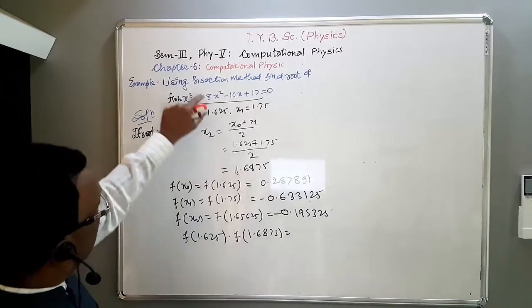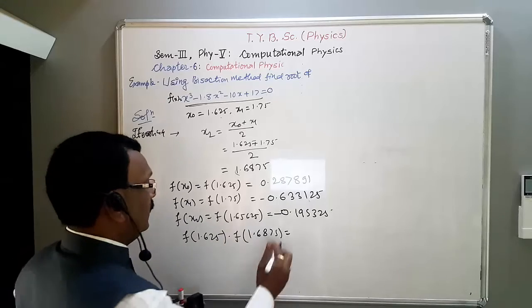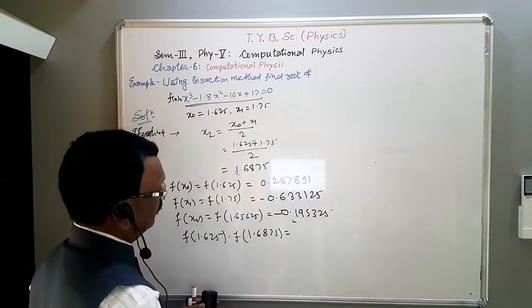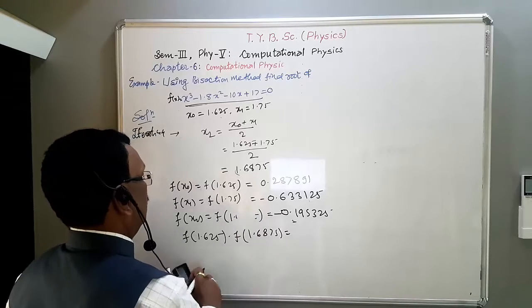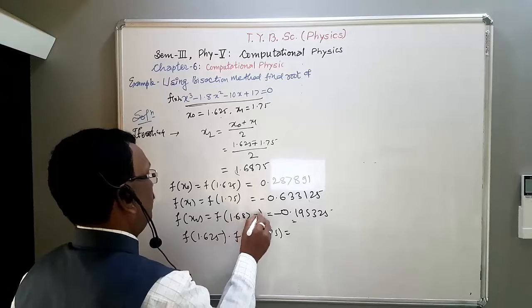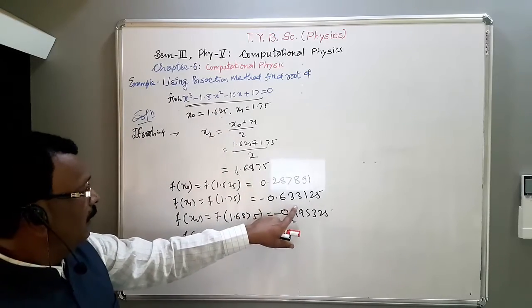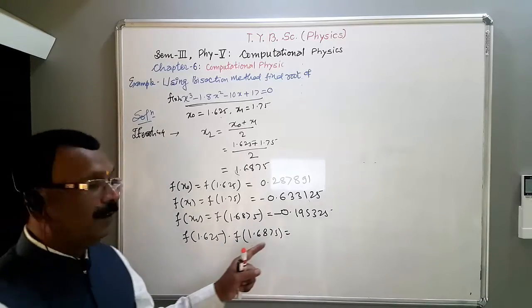Put this value in this equation and then we get this value. After substituting this value in this equation we will get this result. So a little bit of confusion is there for myself.